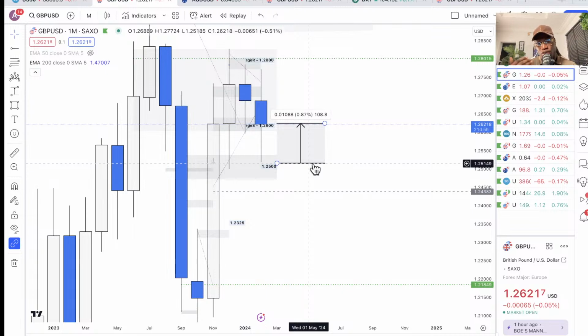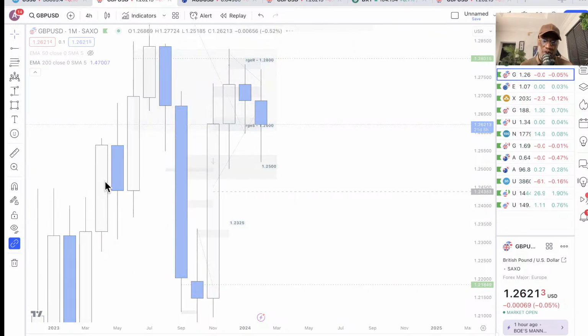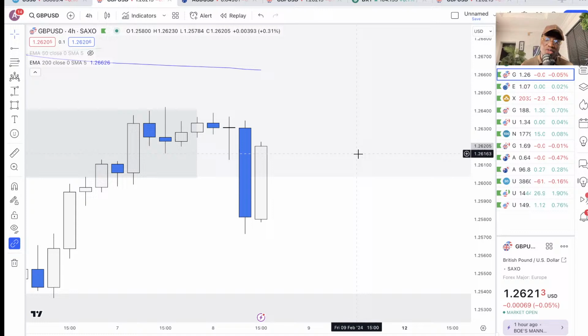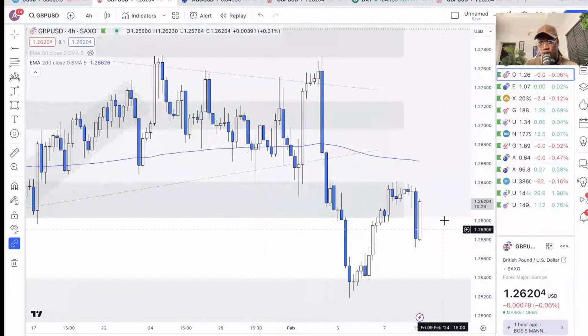You could look into the future and see a potential move of 1,000 pips, and then when you go to the lower time frames, you can trade in that direction, because what you're looking for is the lower time frames to trade in accordance with the higher time frames. If the higher time frame is telling you massive rejection, and you pick up from the 4-hour or the daily, you want that to tell you massive rejection as well, and you want to ride that pair. Okay, that's the way I do it.